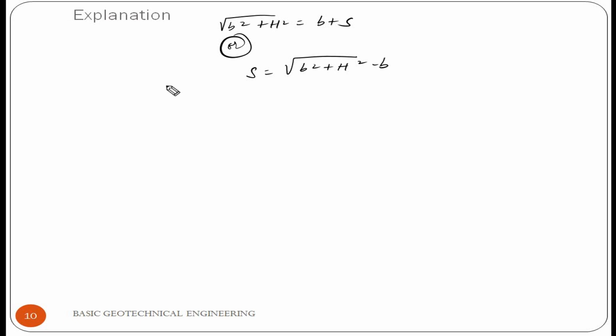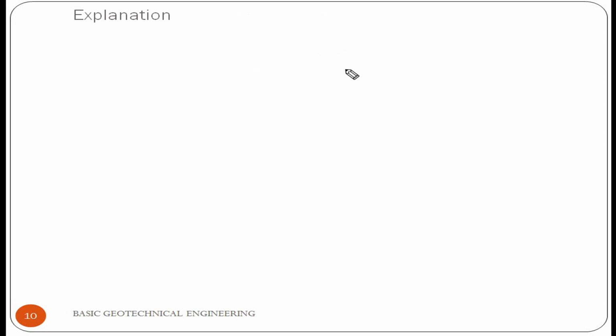S can be calculated from this equation. The center point C of FD will be the vertex of the parabola. Also, when x is equal to 0, the vertical coordinate at F will be equal to S.